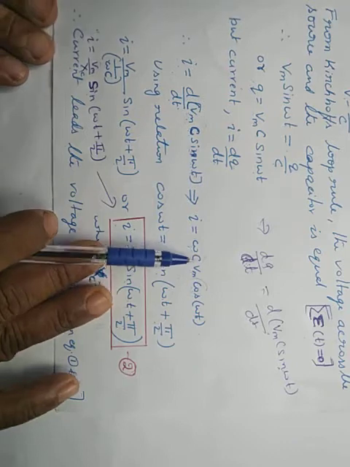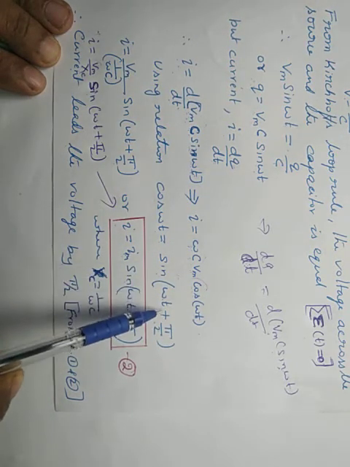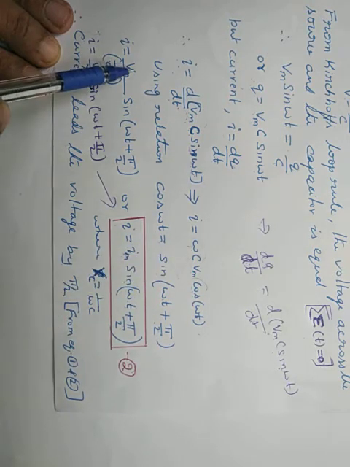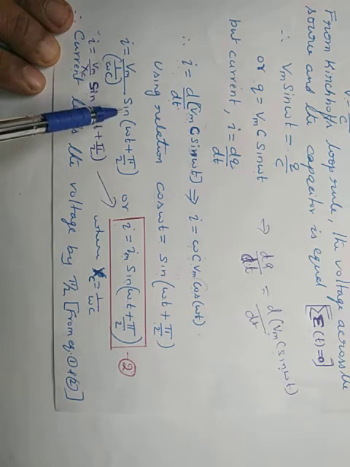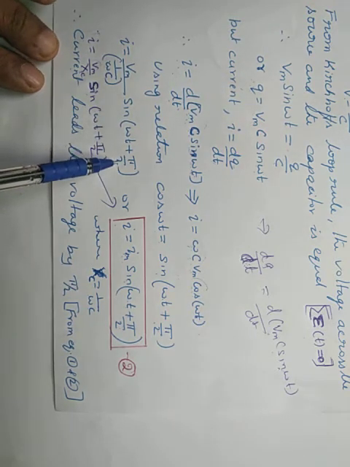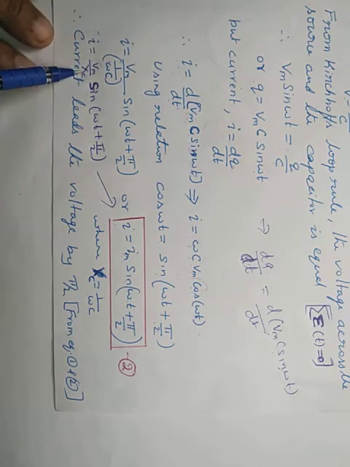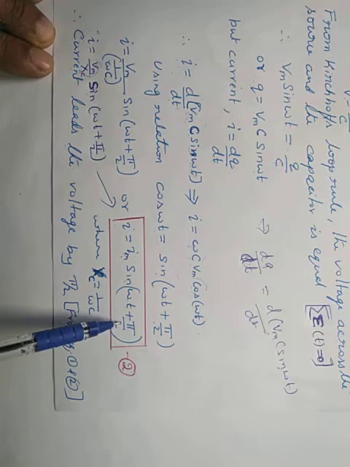Now, you can write cos omega t in terms of sin as sin omega t plus pi by 2, and you can write this as Vm by 1 by omega C into sin omega t plus pi by 2. Just replace 1 by omega C as Xc, where Xc is the capacitive reactance. We have Vm by Xc is nothing but Im, and sin omega t plus pi by 2.